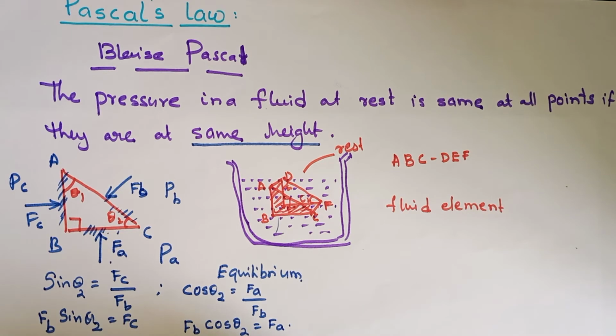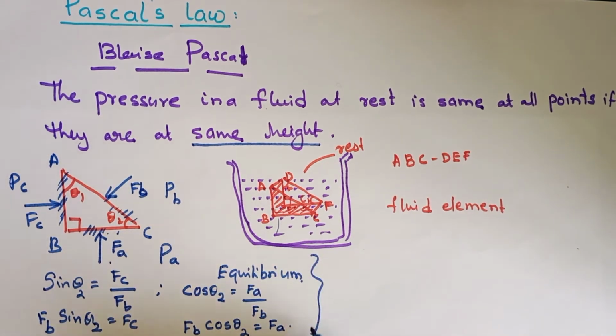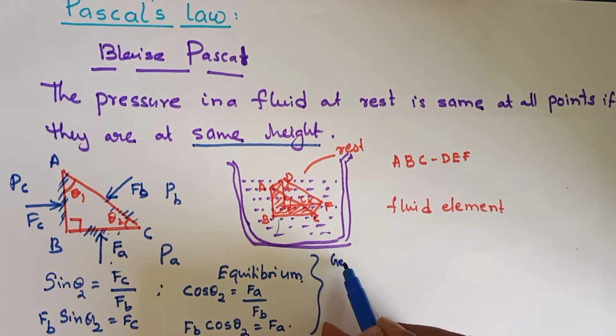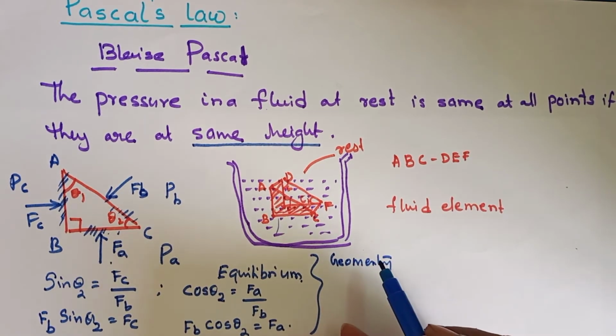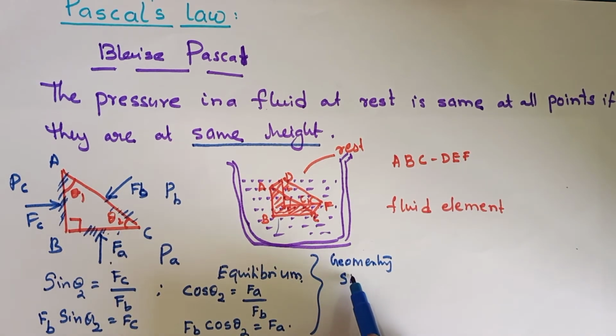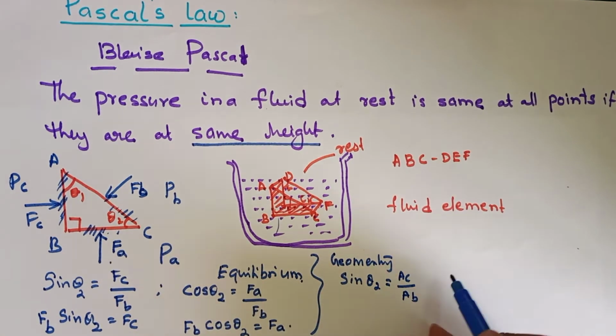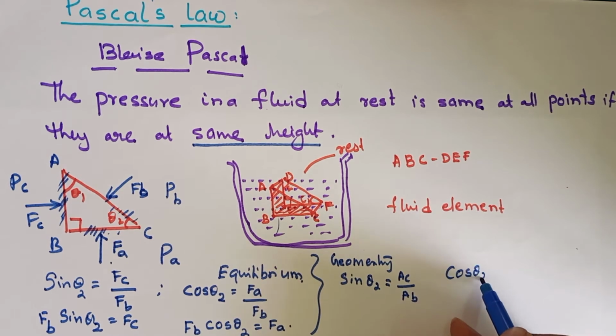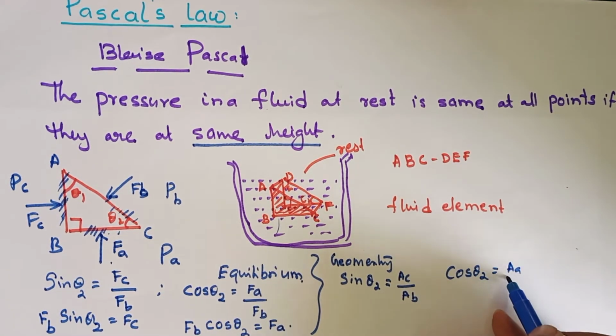In a similar fashion, by the geometry you can write sin theta 2 is equal to AC by AB, and cos theta 2 is equal to AA by AB.